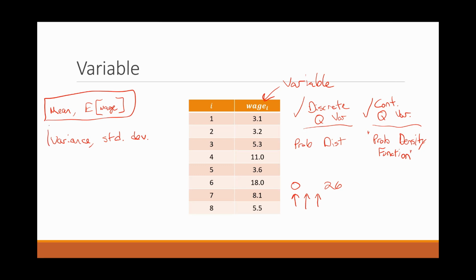And then the variance or the standard deviation tell us a little bit about how much variation there is in that variable. You can also think about it as telling us how confident we might be that we would find whatever our expected value is. Okay, so we have these different basic statistics that we can calculate for a variable.